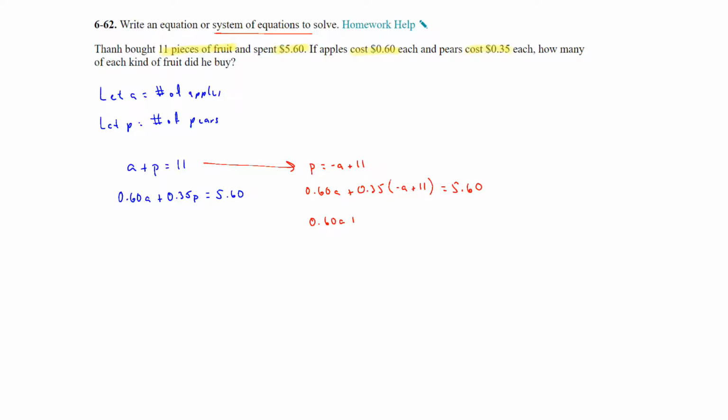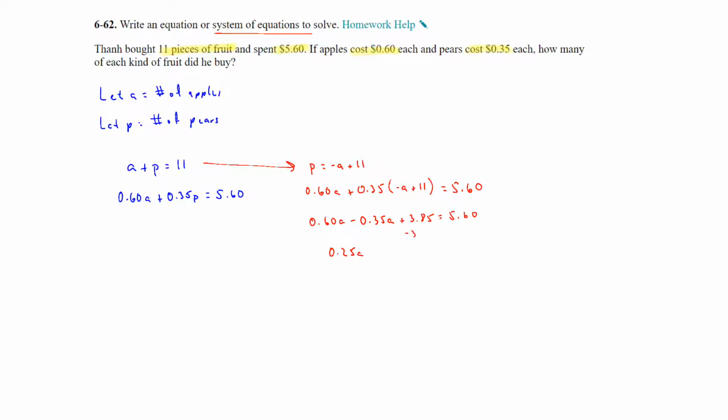And that is 0.35 times a negative A, so I'm going to change that to minus 0.35A plus 3.85 is equal to 5.60. Combine my like terms, 0.25A.